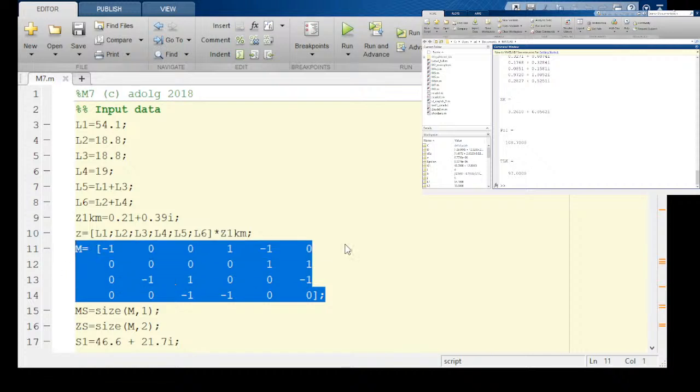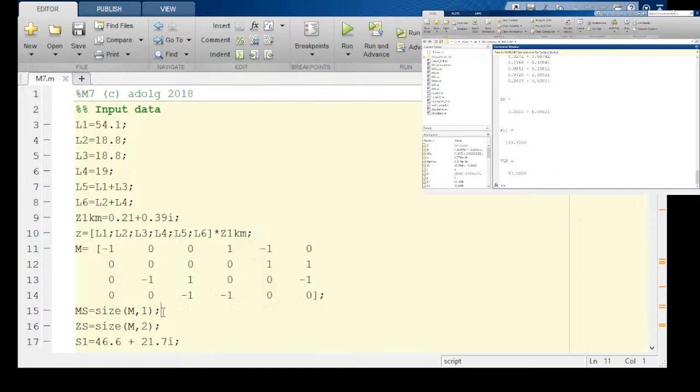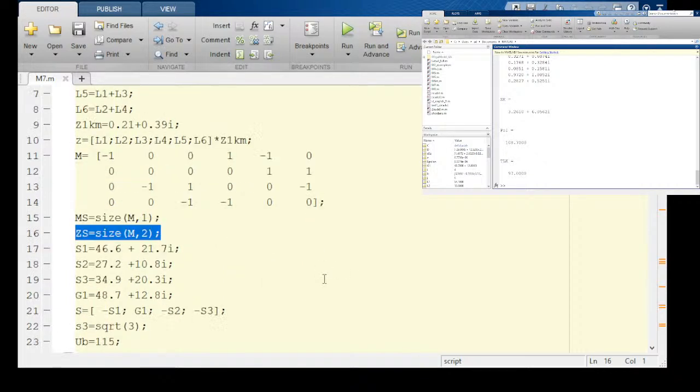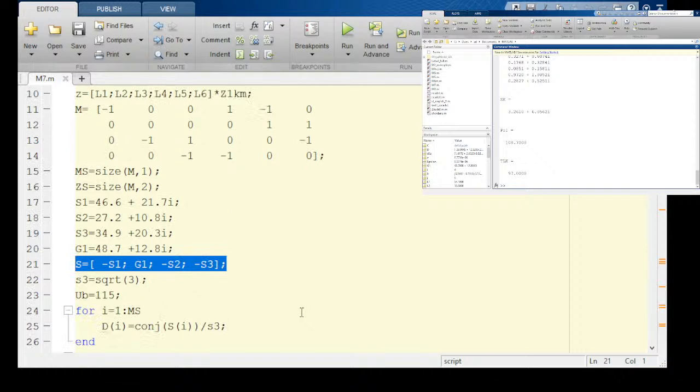Here I have the connection matrix, first the incidence matrix. Measurements: MS, from Latvian mezglu skaits, is the number of nodes. ZS, zaru skaits, is the number of branches. Load generation, and a vector of loads.